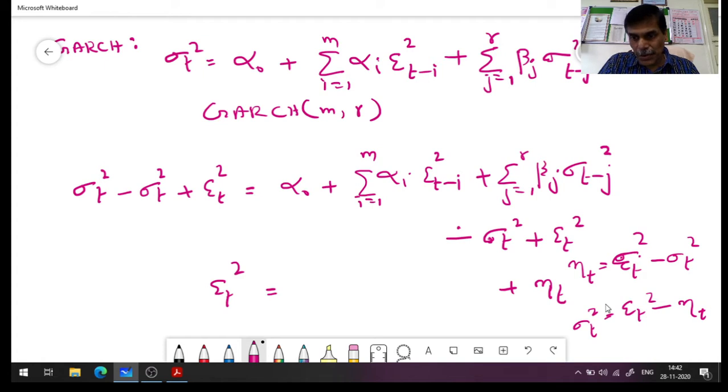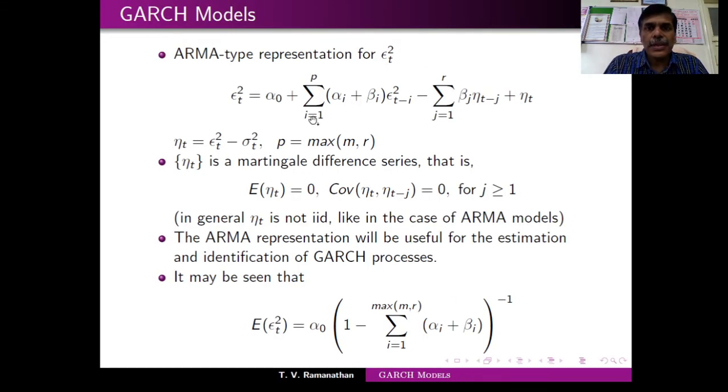The coefficient which appears over here will be adjusted with this also, and this coefficient stands separately for this, and there will be an error coming over here, and that leads to this kind of equation: epsilon t square equal to alpha naught plus the sum from i equal to 1 to p. Remember that in such a case this cannot go for both r and m, so it will go up to whichever is the maximum.